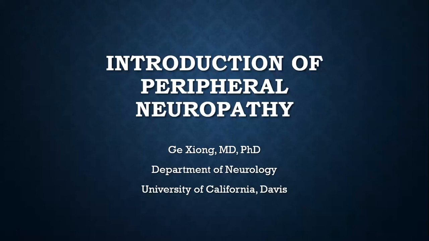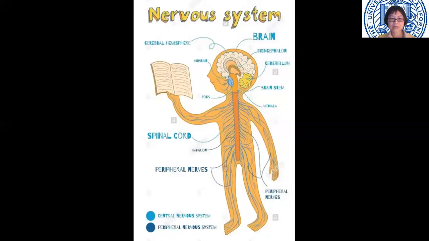Yes. All right, good. So this is a cartoon to show you our nervous system. As you know, our nervous system is quite complicated. The brain and the spinal cord are the central nervous system. Then what are those bundles coming out of the brain and the spinal cord? Those are our peripheral nerves.